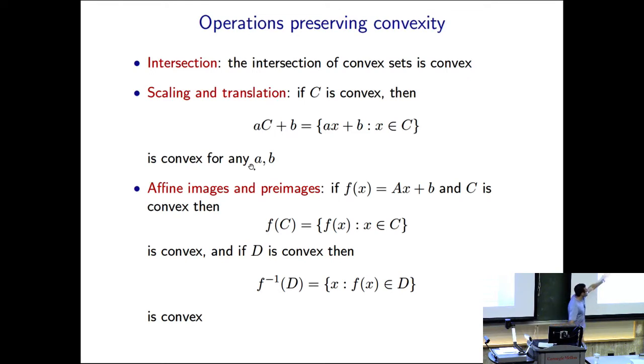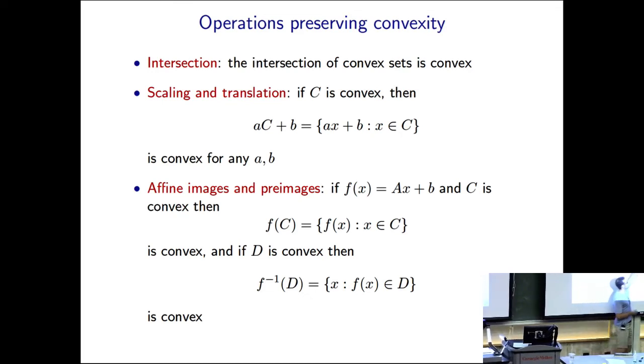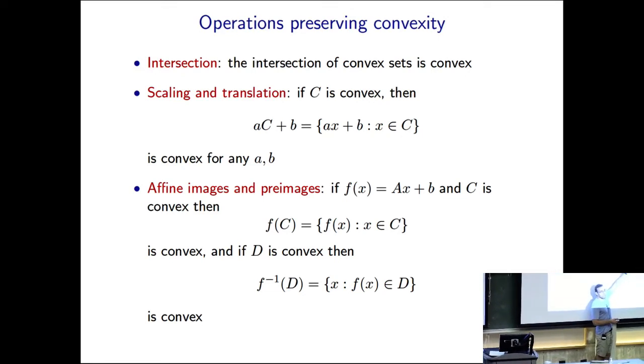This one is super useful. If I take an affine image or an affine preimage of a set, it's still convex. So let's start off with the image. If you give me an affine function, which means f of x is equal to a matrix A times x plus b, that's what we call an affine function. So in this class, we'll distinguish between affine and linear, just because it's helpful sometimes.